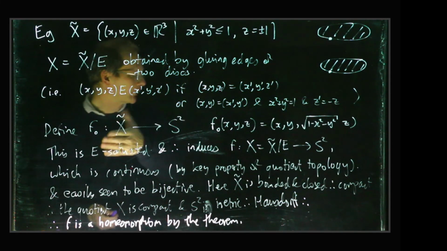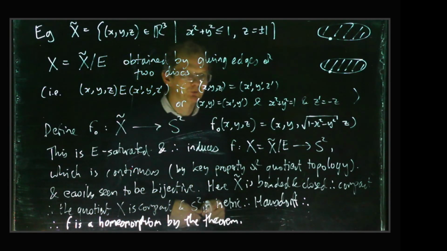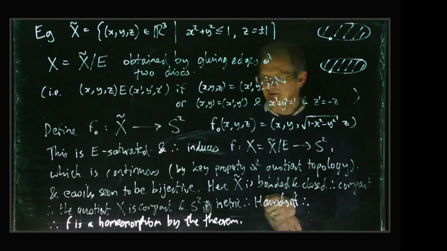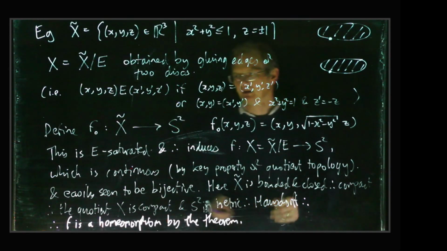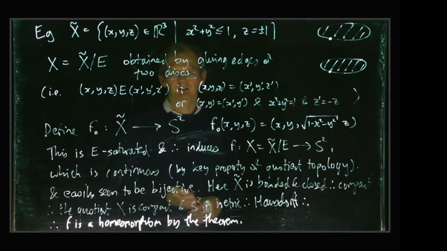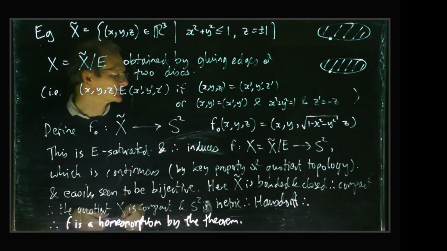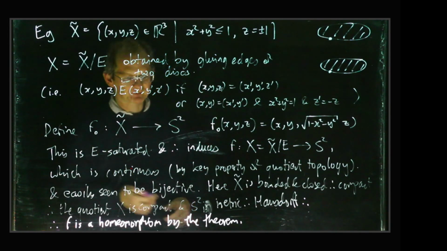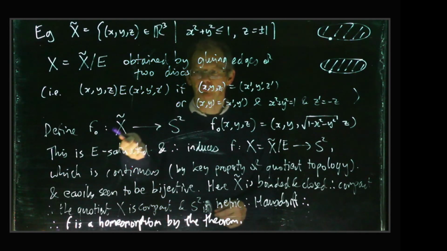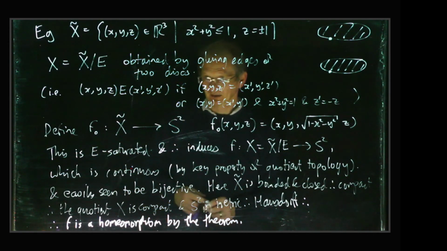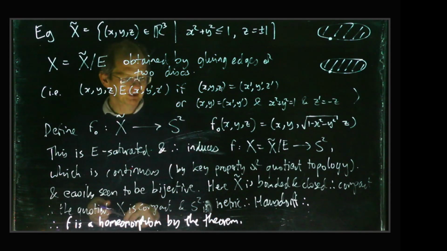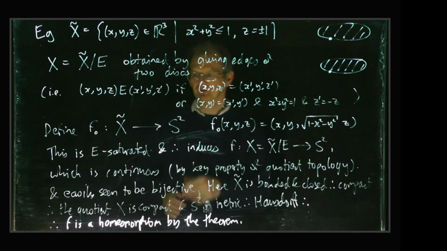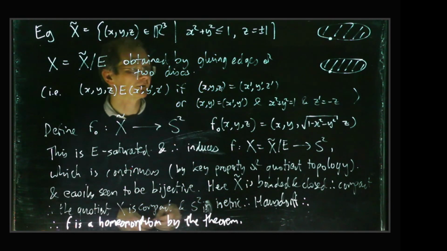You've got a map from a quotient space into some subspace of R^n or something like that. The subspace of R^n is metric and therefore Hausdorff. You've got a quotient space. Typically it's easy enough to prove that quotient spaces are compact in the case that they are. So it's typically fairly easy to show that your source is compact, your target is Hausdorff, and so if you've got a continuous bijection, then the theorem tells you that it's actually a homeomorphism.